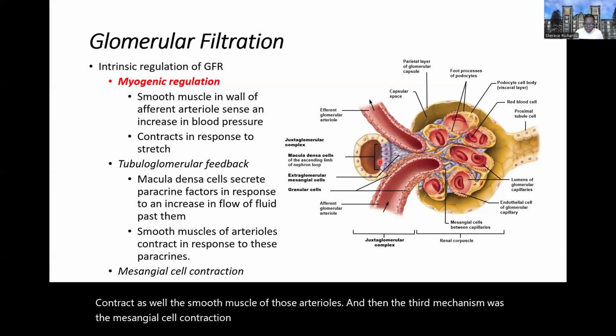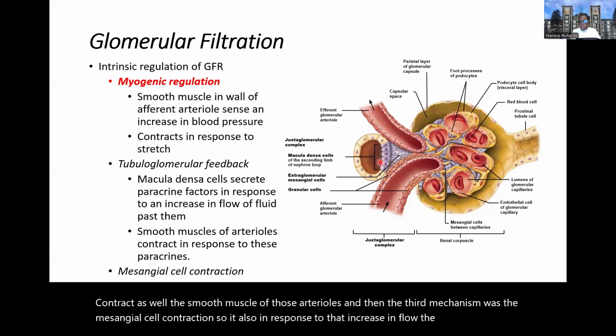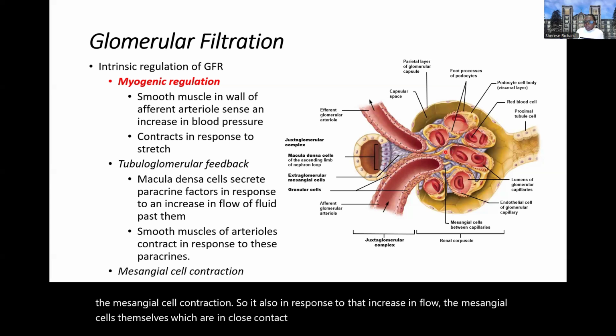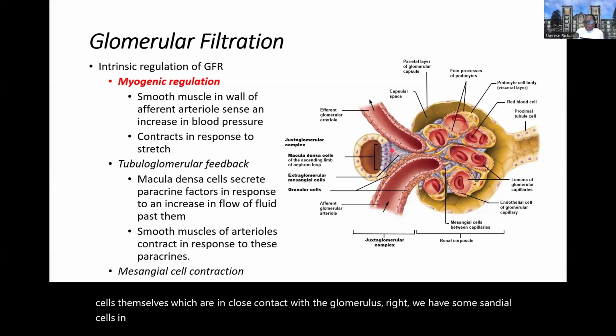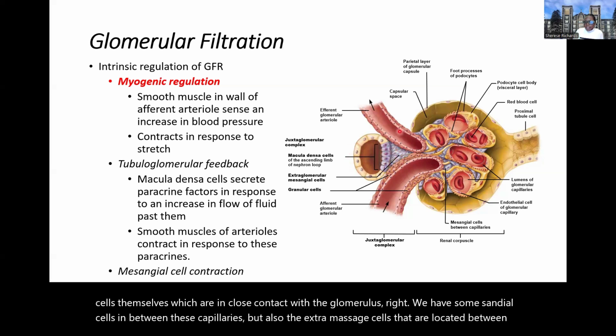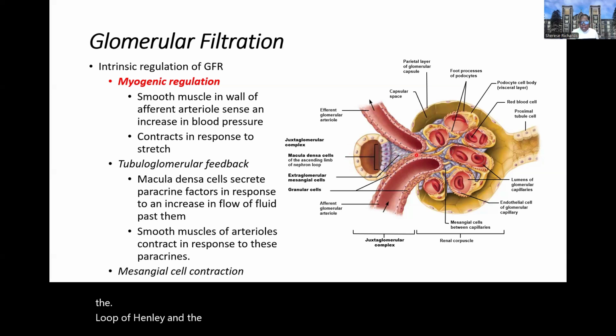So also in response to that increase in flow, the mesangial cells themselves, which are in close contact with the glomerulus, right? We have some mesangial cells in between these capillaries, but also the extraglomerular mesangial cells located between the loop of Henle and the arteriole, they can also respond to contract in response to that increased flow.